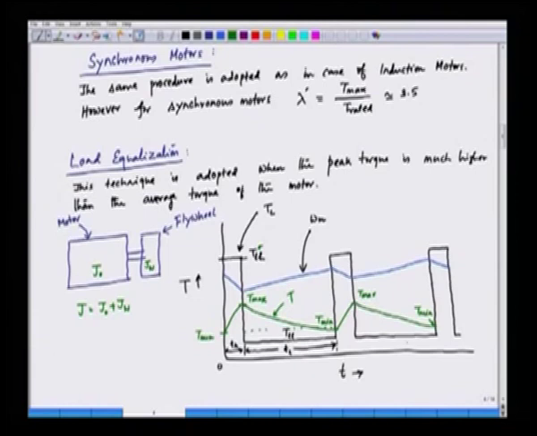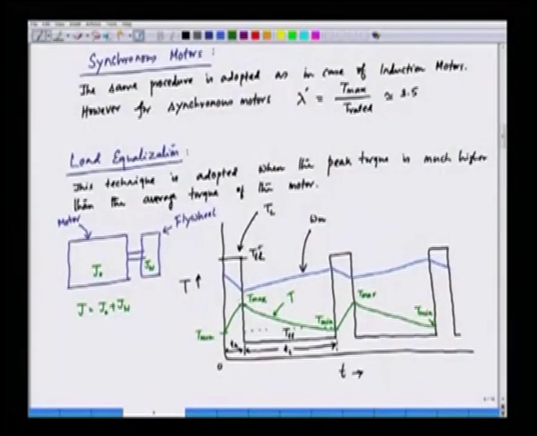The motor torque, as we can understand here, is not the same as the load torque; it is much less than the load torque. In the high load region it is increasing but not exactly reaching the peak load torque, that is T L H. In the low load region it is not going as low as T L L, and the differential torque is basically absorbed or catered for by the flywheel.